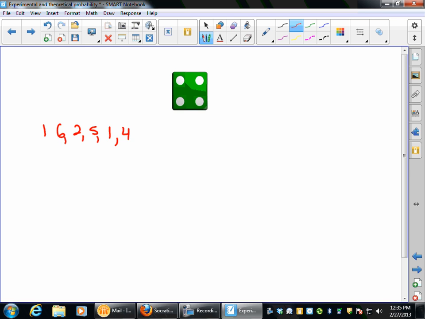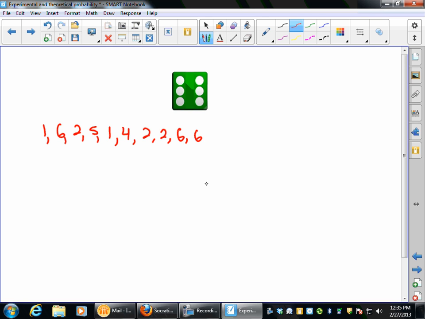There's 6 rolls. So 4 more. I got a 2, another 2, 2 more rolls. I get a 6, and another 6.